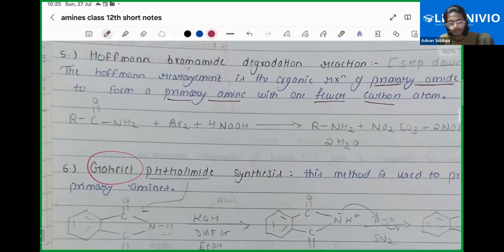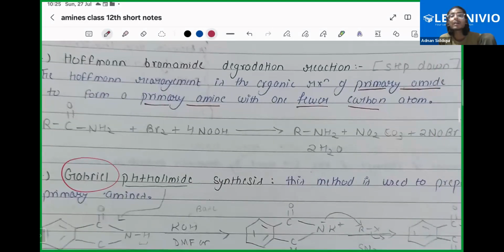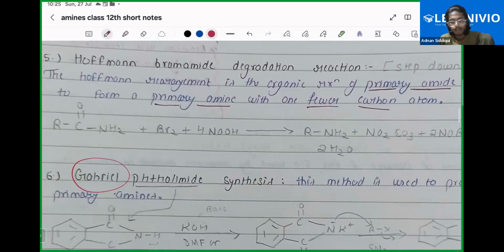So what is happening here? The Hoffman rearrangement is an organic reaction of a primary amide to form a primary amine with one fewer carbon atom. So here you start with a 1 degree amide and produce an amine having one less carbon atom than its amide counterpart. You are going to use Br2 plus 4 NaOH.